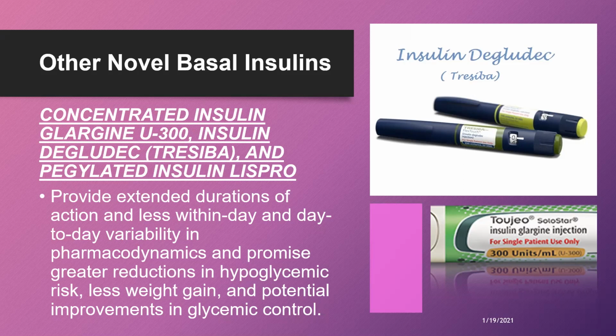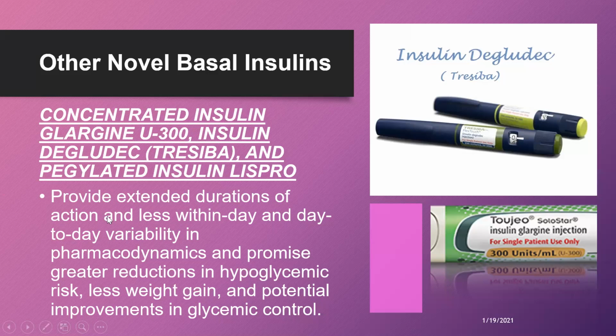It is marketed by the name of Toujeo. So glargine U300 and Tresiba, as well as pegylated insulin Lispro, are the other novel basal insulins. They provide extended durations of action, less within-day and day-to-day variability in pharmacodynamics, and promise greater reductions in hypoglycemic risk, lesser weight gain, and potential improvements in glycemic control.